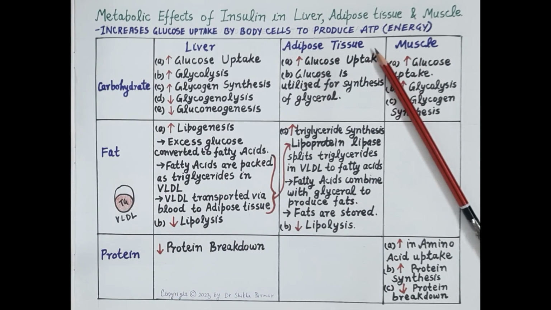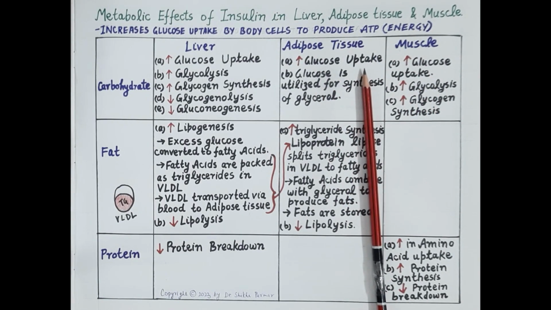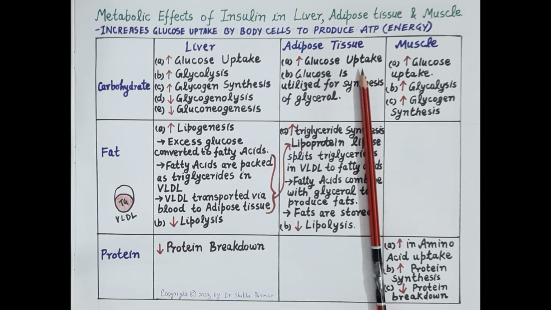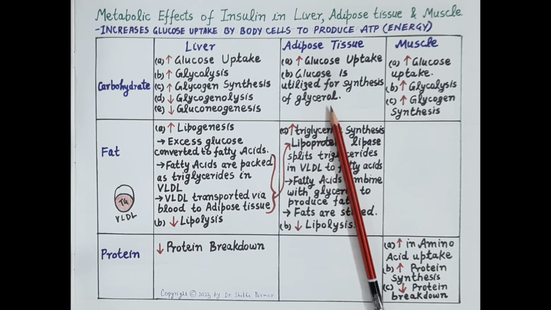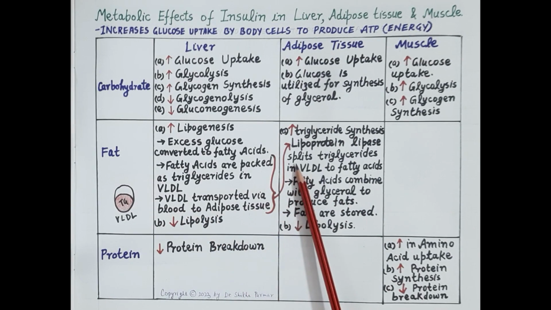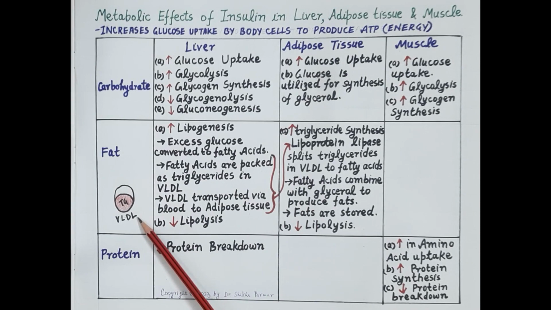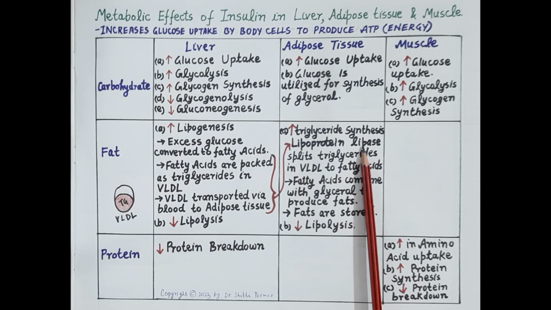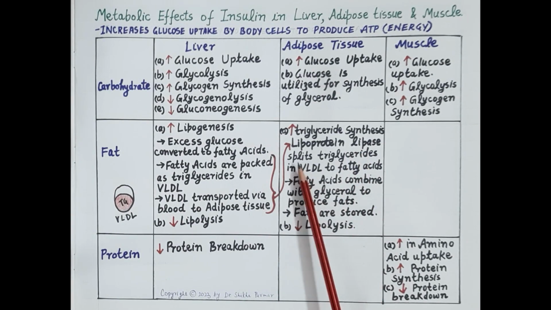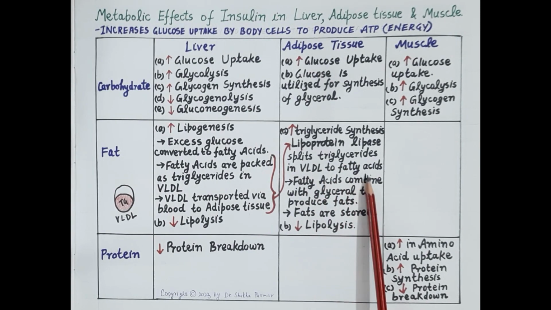After liver, adipose tissue: insulin stimulates uptake of glucose by the adipose tissue. Thus, glucose is mainly utilized for the synthesis of glycerol. Now, as already discussed, VLDL synthesized by the liver is transported to the adipose tissue. Now, main component of this VLDL is the triglyceride. Now, enzyme lipoprotein lipase present in the adipose tissue splits or break triglycerides in the VLDL to fatty acids.